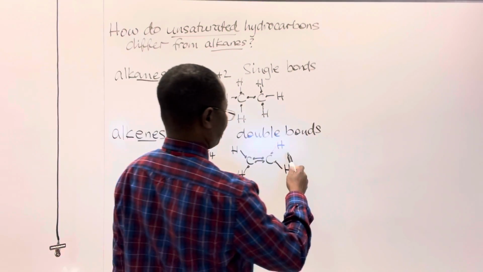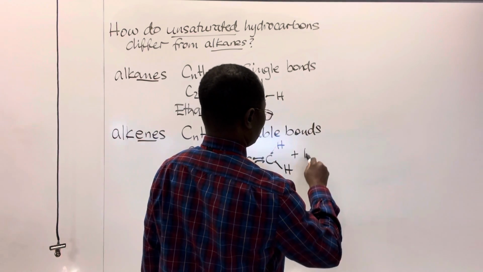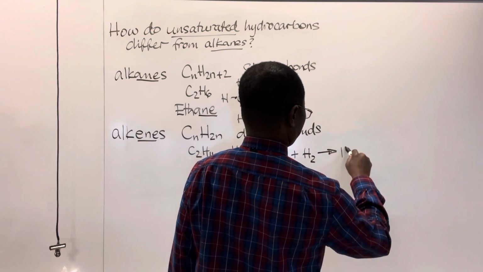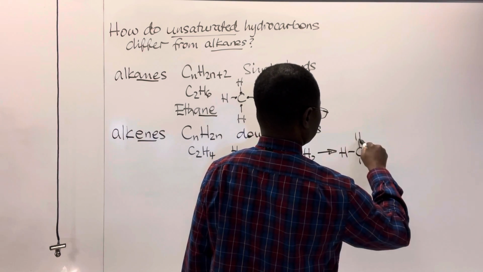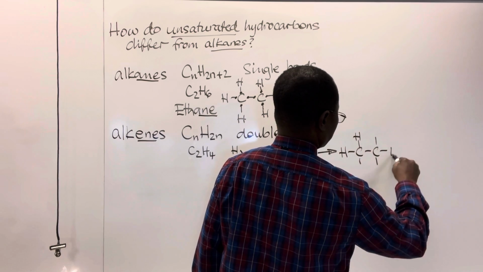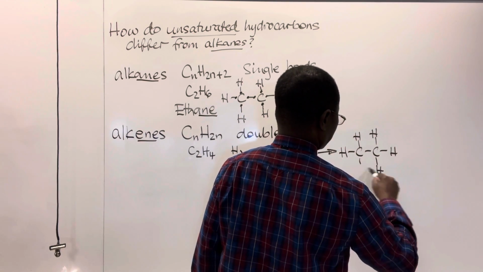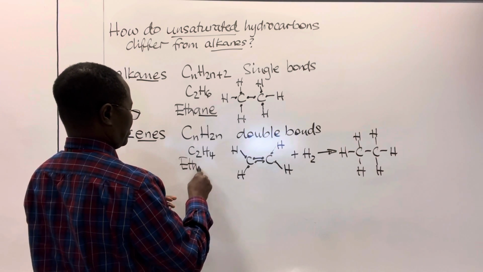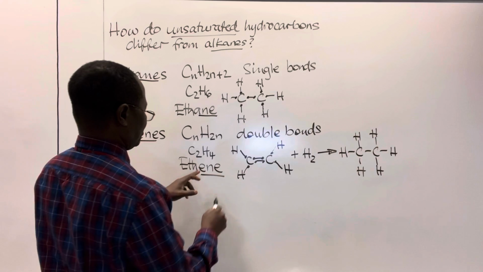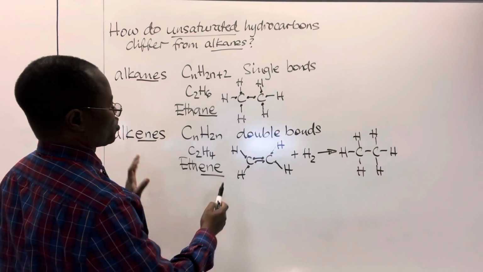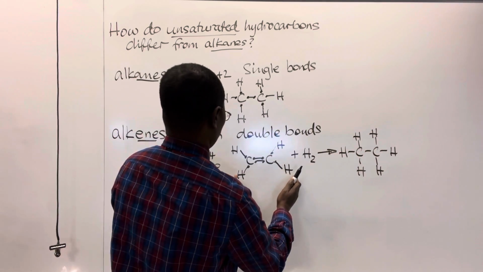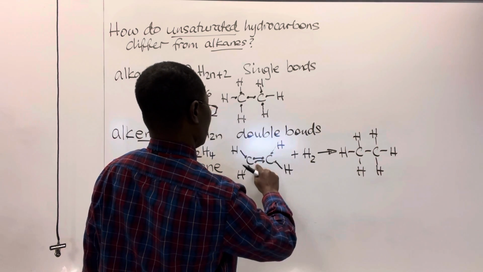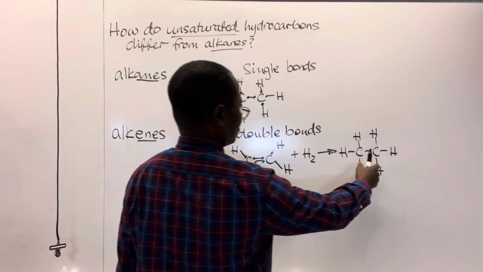For example, if we add 2 hydrogens here, it will form an alkane. The name of this compound is ethene. It ends in ene. So this one is unsaturated, because we can break the double bond and add 2 more hydrogens.